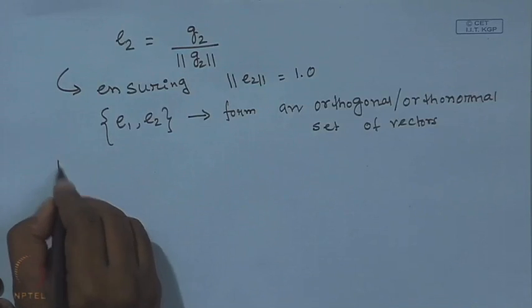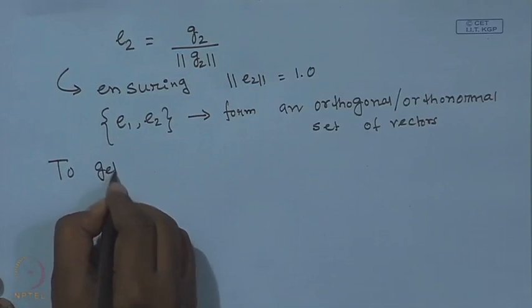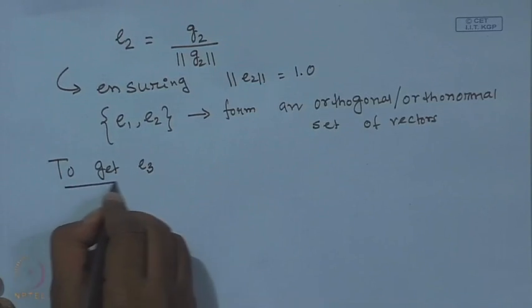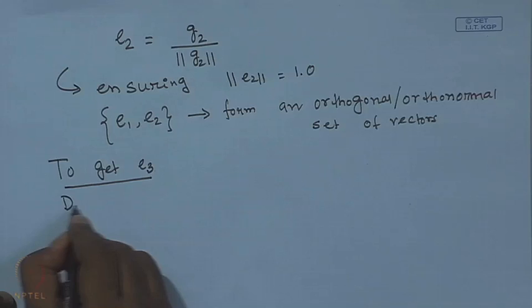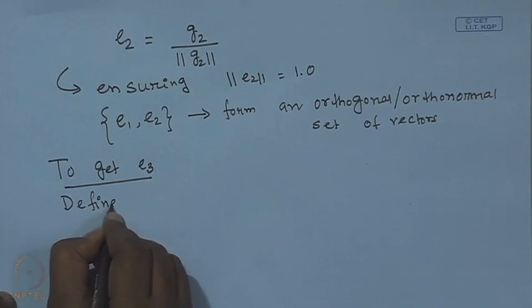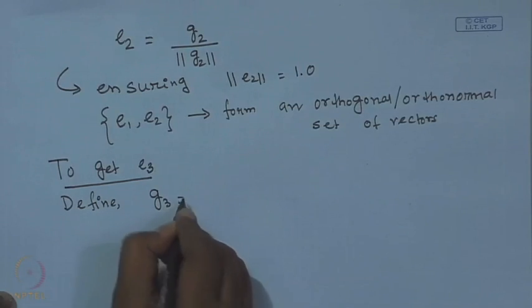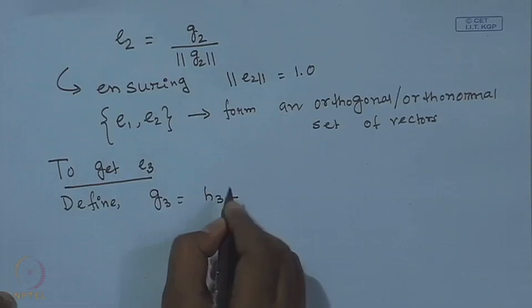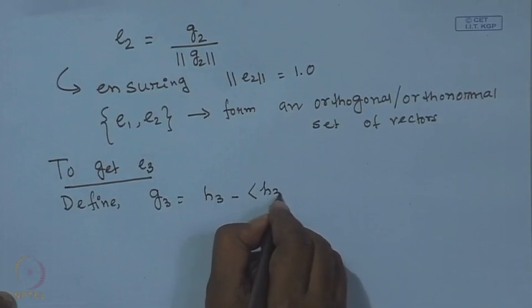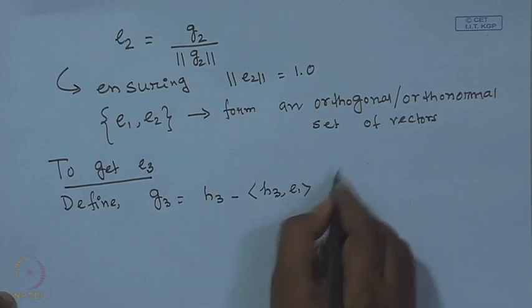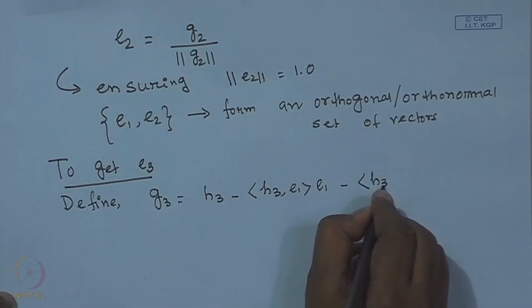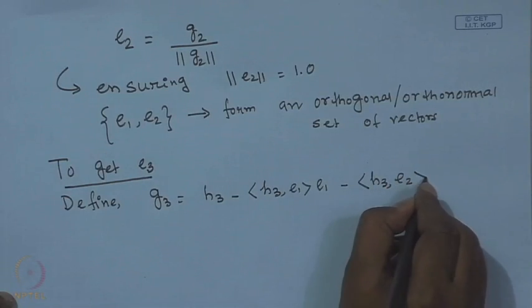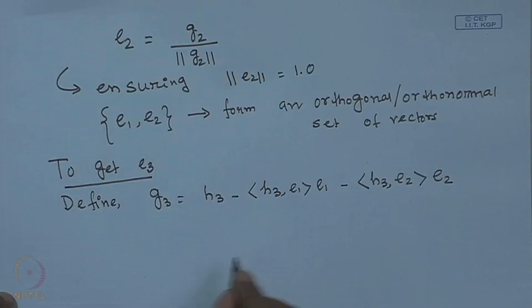So, we have already obtained two elements of our target set. Next one is to get E3. We would like to obtain the next element of the target set. For that, we define G3 as H3 minus inner product of H3 and E1 multiplied by E1, minus inner product of H3 and E2 multiplied by E2.